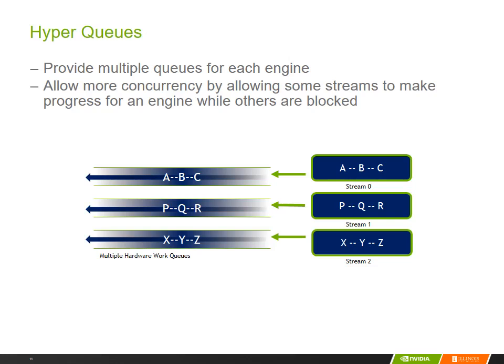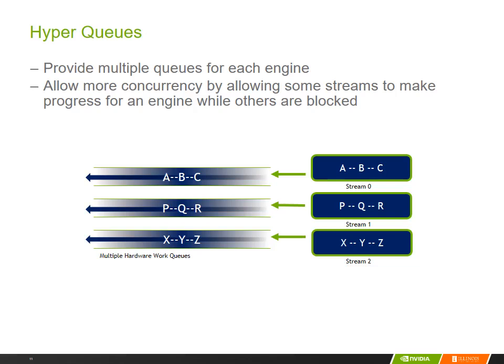Instead of having just one queue in front of the copy engine and the kernel engine, the newer GPUs have the hyper queues. Essentially, there are multiple queues in front of each engine, and these queues truly give stream 0, stream 1, and stream 2 their own individual queues, so that any operation in stream 1 will not be stuck behind an operation in stream 0, and so on.